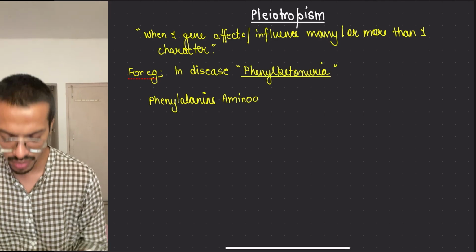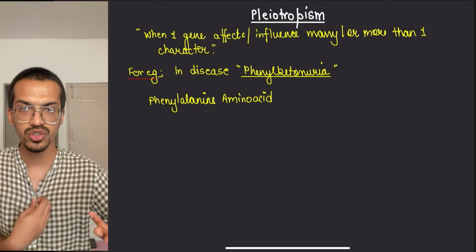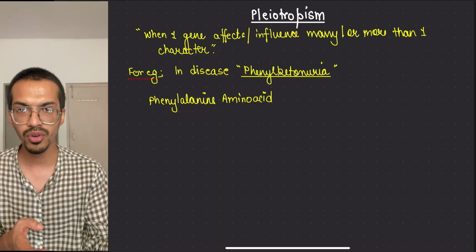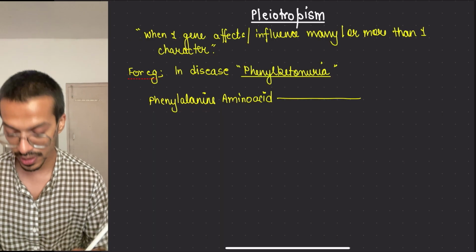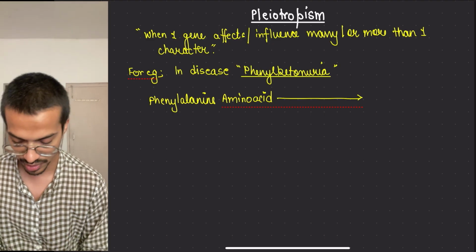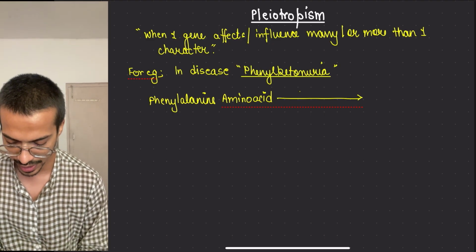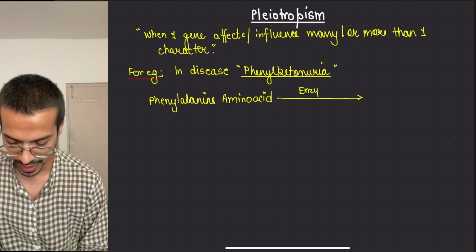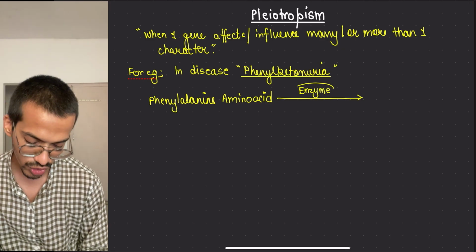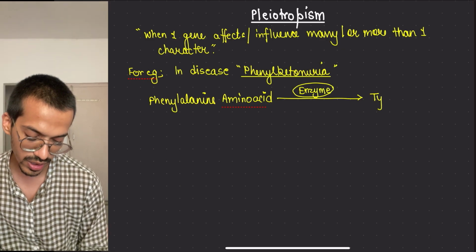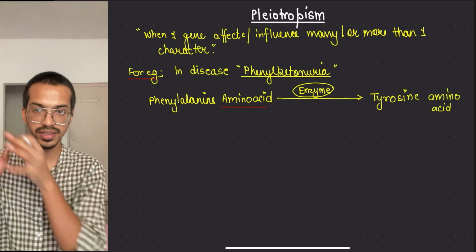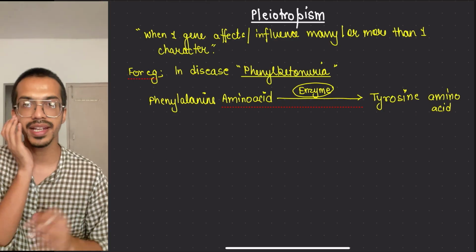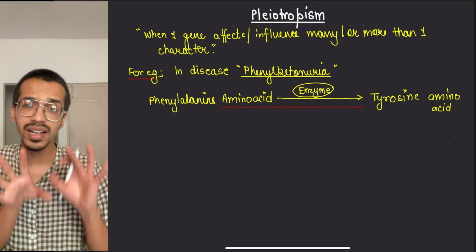Since in our body every amino acid has to be metabolized into certain other form, normally under the influence of the phenylalanine hydroxylase enzyme, that is one enzyme I'm writing just now, one enzyme will work and change it to tyrosine amino acid. This is how the normal timeline is.